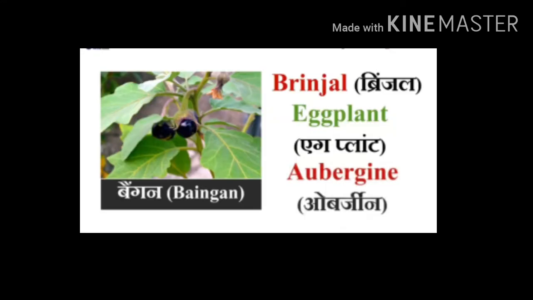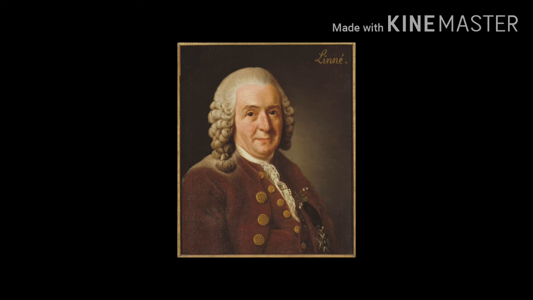And brinjal is also known as eggplant. So we can see here that different parts of the world call the same things by different names. Due to this, scientists find difficulty in studying organisms and sharing information about them.